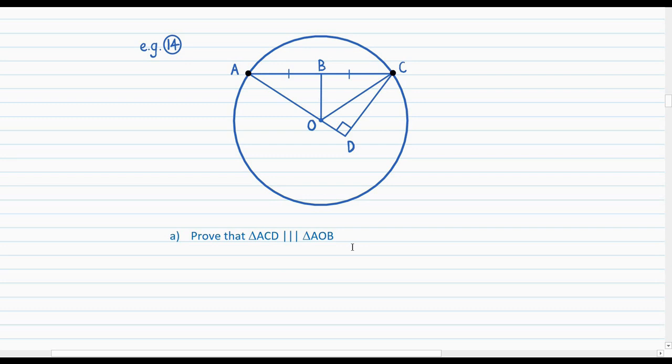And then based on this, we can use a second fact just established, which is that we can prove that two triangles are equiangular by showing that two of their angles are equal. So keep this in mind that in general, in exam and test papers, when you're asked to prove that two triangles are similar, usually the simplest strategy is by showing that two of their angles are equal.